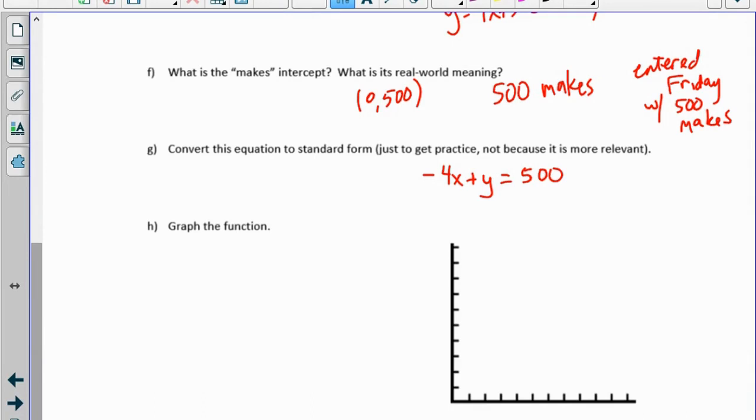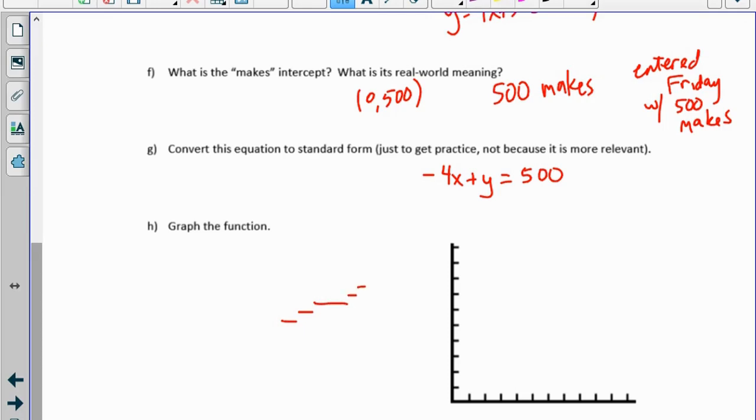Now, graphing the function, we are actually going to draw this as a line because it is continuous, but it's technically not continuous, just the model is continuous in terms of time. But like actually what happens is if you think about it, he has a certain amount of makes for a period of time and then he makes one. Then he has a certain amount of makes for a period of time and then he makes one. And let's say he misses a couple, then he makes another one.